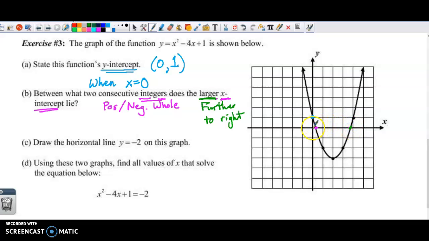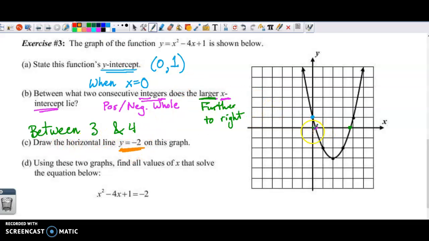So as I start to count from the origin, 1, 2, 3, and 4, this x-intercept is between 3 and 4. Okay. And by the way, if anything I'm saying is confusing, you gotta let me know.